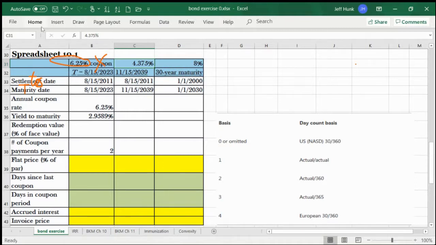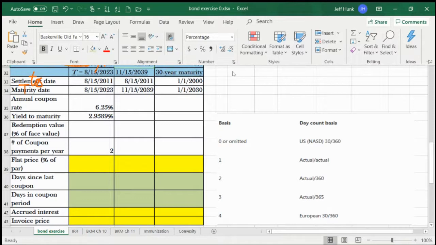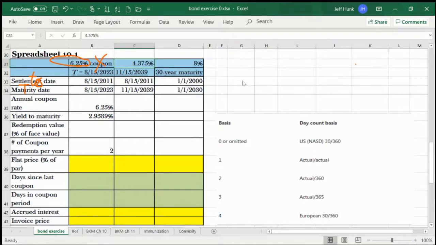So I went to the home ribbon and increased the decimal to show the full decimal, and this one was originally 8%.